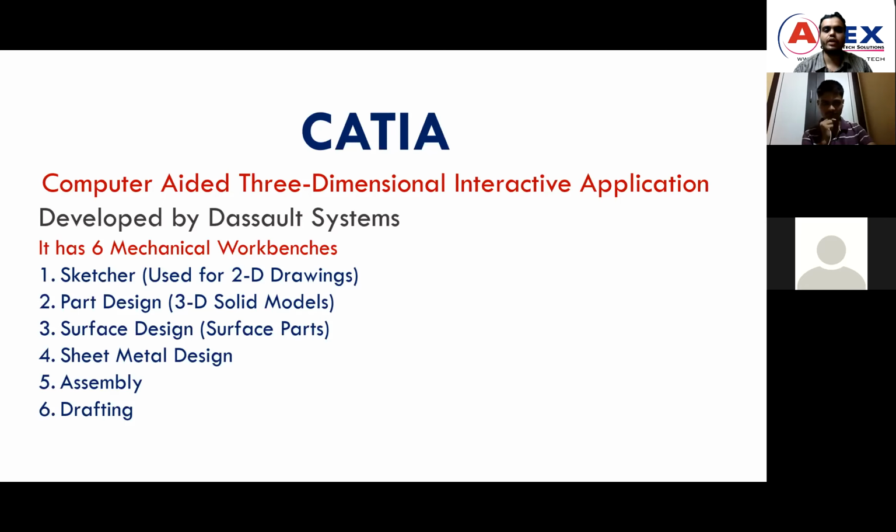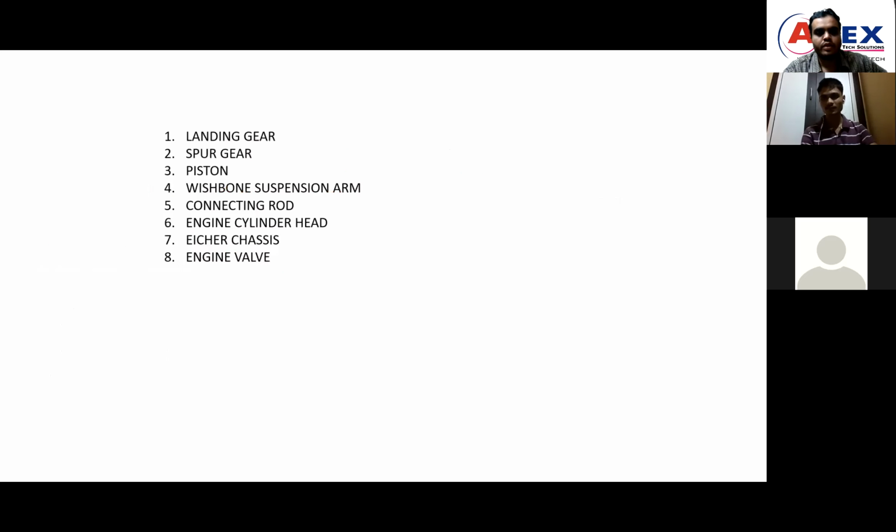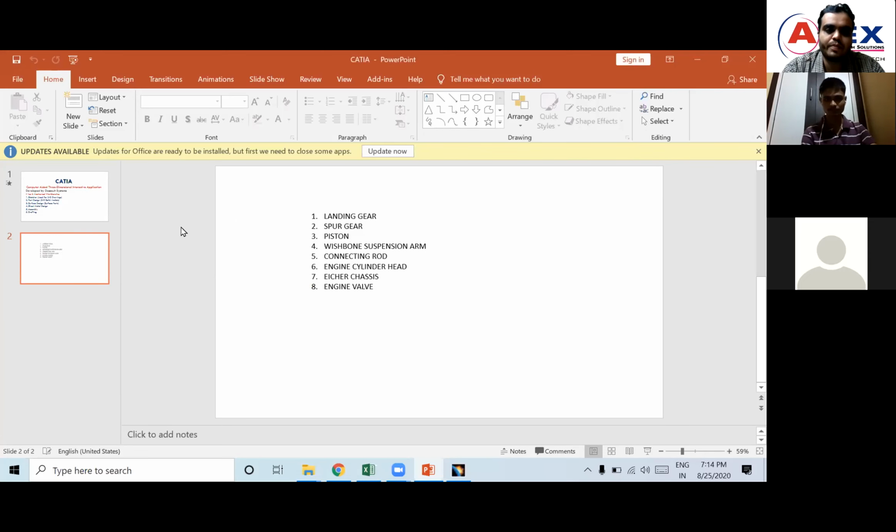This is nothing but conversion of 3D to 2D. Got it? Yes. So these are the 6 mechanical workbenches we are going to use. Fine. So this is some of the basics of CATIA.